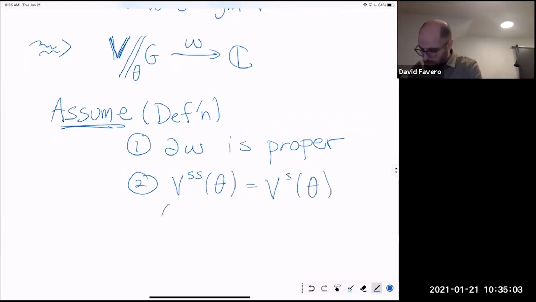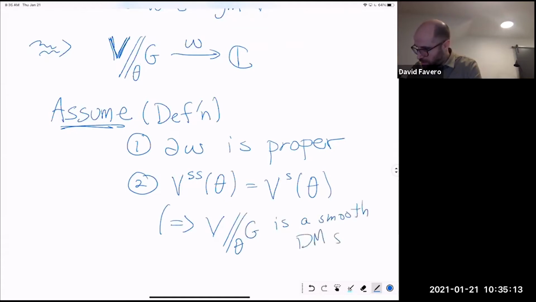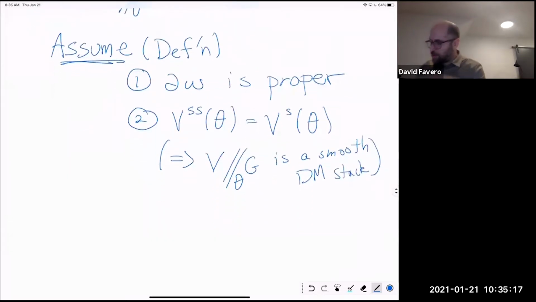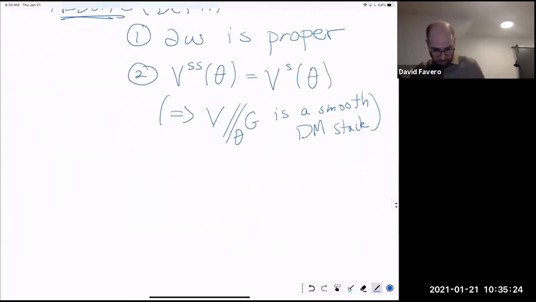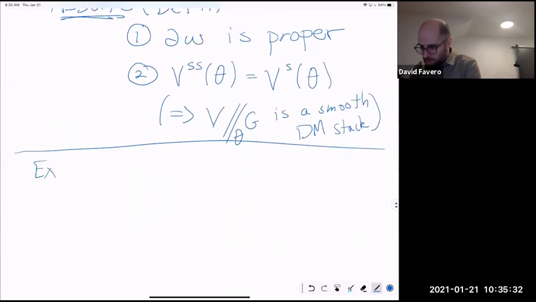So this implies that this GIT quotient is a smooth DM stack. Okay. And then the critical locus is some nice proper thing inside of it. Okay, so I'll do a basic example for motivation.